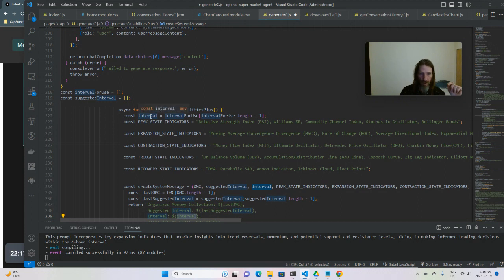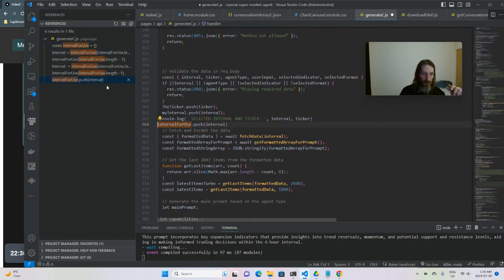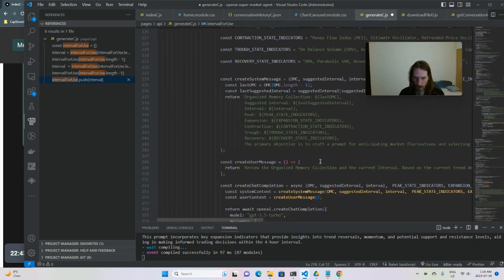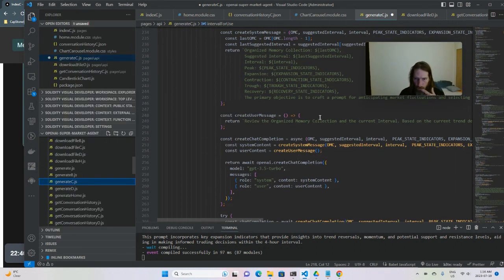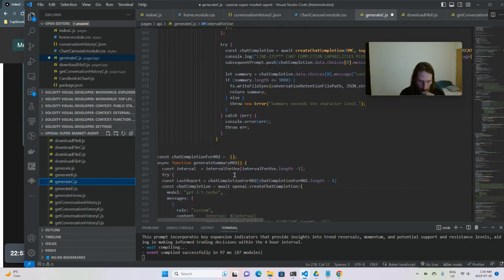Okay, interval right here. Where do I push it? Right here. Dot push interval. Okay, no, interval comes from my front end. I was just making sure here. And summary, chat completion. Okay, we do all that.